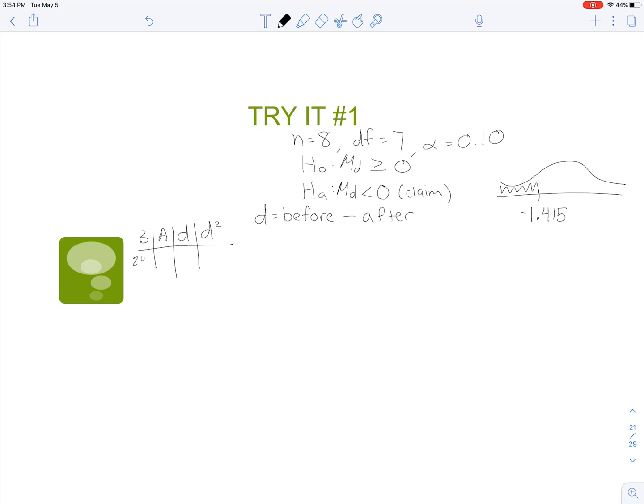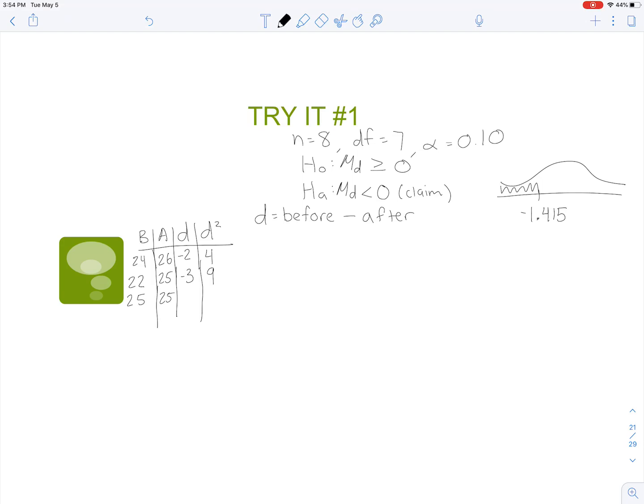So they say the first one was 24 and after the shoes was 26. 24 minus 26 is -2. -2 squared is 4. They tell me the second one before was 22, after was 25. 22 minus 25 is -3, squared is 9.